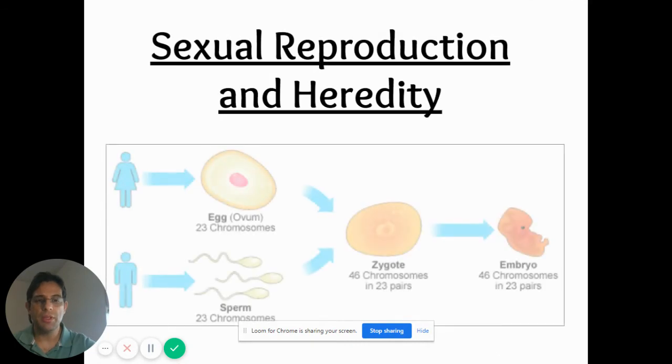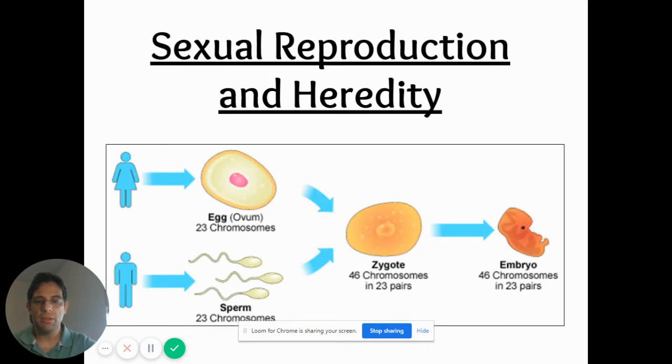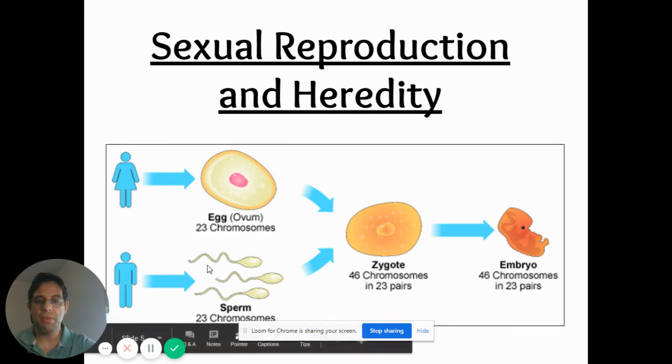So let's review about sexual reproduction and heredity. We talked about during the meiosis class that you have your female cells combined with male cells. So eggs would be combining with sperm, and each one of them has 23 chromosomes in case of humans.